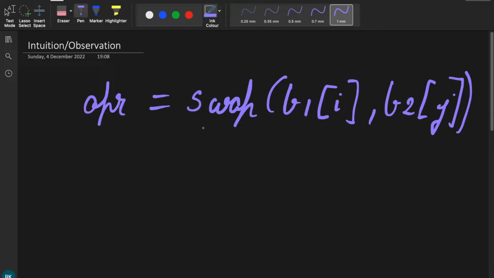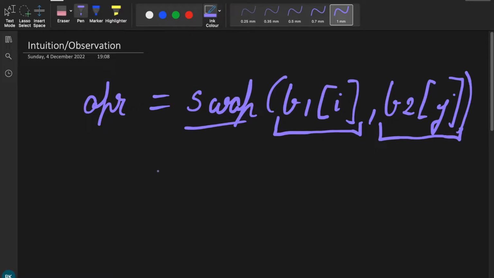Now moving forward, what is our operation? Our operation is basically the swap of two numbers. First is the ith element of basket1 and second is the jth element of basket2. Now this swap can also be termed as a transfer. How? Basically we are transferring one element from basket1 to basket2, and we are transferring one element from basket2 to basket1.